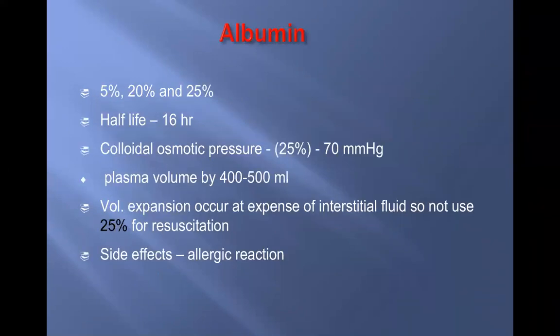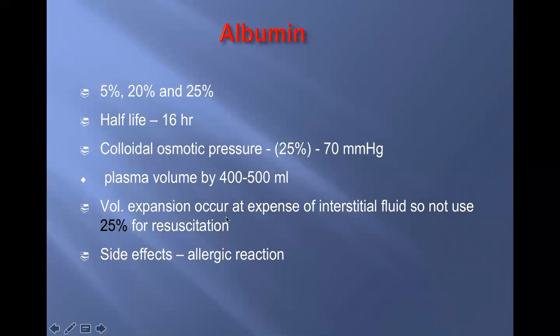Types of the colloid: we have albumin in different concentrations, 5, 20, and 25%. Half-life about 16 hours. This albumin, for example, of the 25% can produce osmotic pressure of about 70 millimeter mercury, increasing plasma volume by 400 to 500 ml.